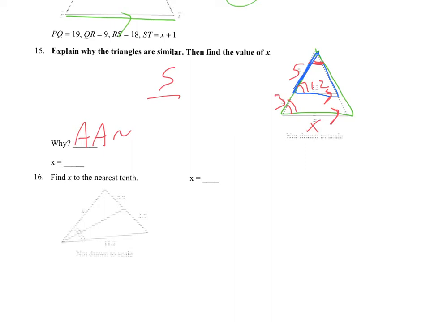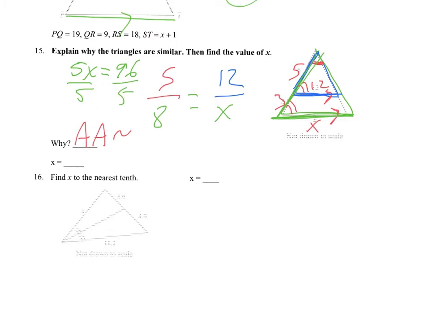Well, the green triangle's length is 8, so we could go 5 over 8 equals this side of the blue triangle, 12, over the length of the green side right there, which is going to be x. So we're going to cross multiply, and we get 5x equals 96. Divide by 5, and x equals 19.2.